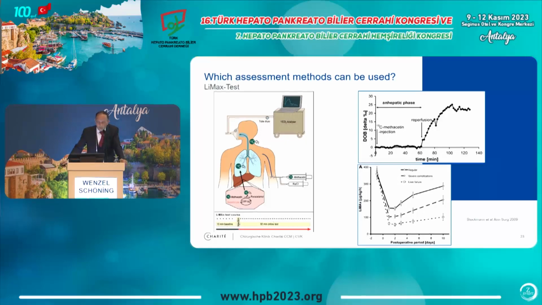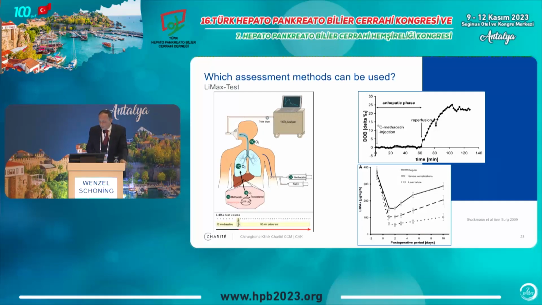And to show you that this is a reasonable test, we performed these measurements during liver transplantation. In the anhepatic phase, if you do the test, there's absolutely no liver function, and everybody, I think, would agree that in an anhepatic phase there's no liver function. After reperfusion, if you perform the test, you see how this value is increasing minutes after reperfusion.